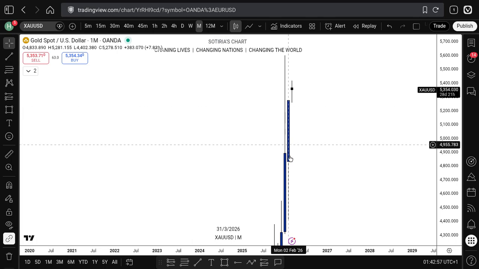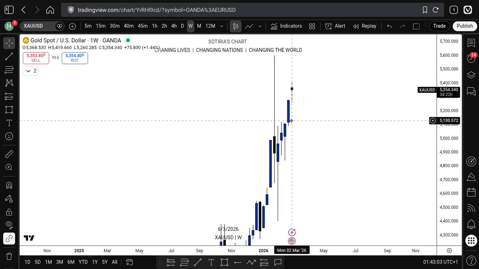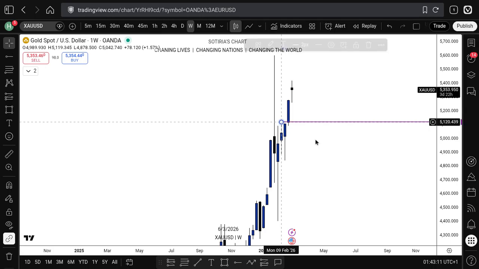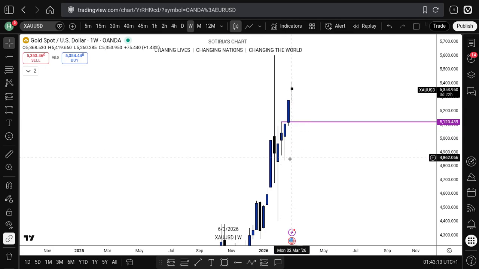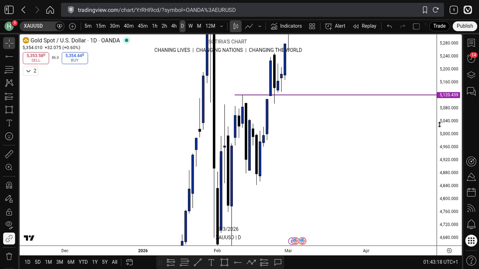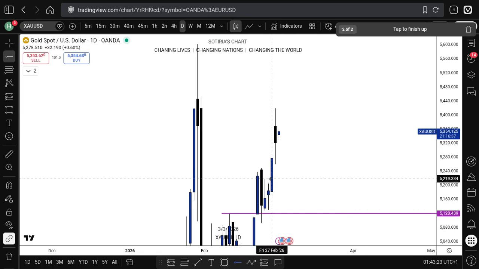So we had a monthly bullish close, and on the weekly time frame, all strong bullish moves. So right now, what I can see, I have a bullish level here on the weekly time frame, a breaker block and an order block, and on our daily time frame, I have a breaker block too around here.